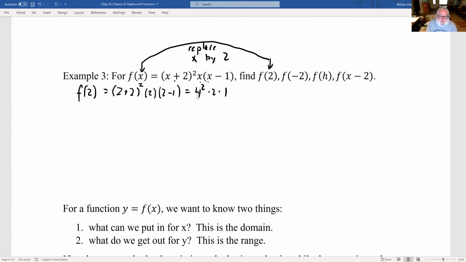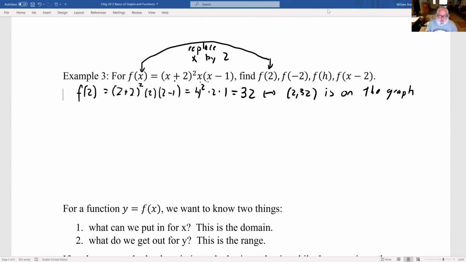And then that's equal to 16 times 2, which is 32. That means if I graph this, the point 2 comma 32 is on the graph. The tablet is acting up a little bit weird today.